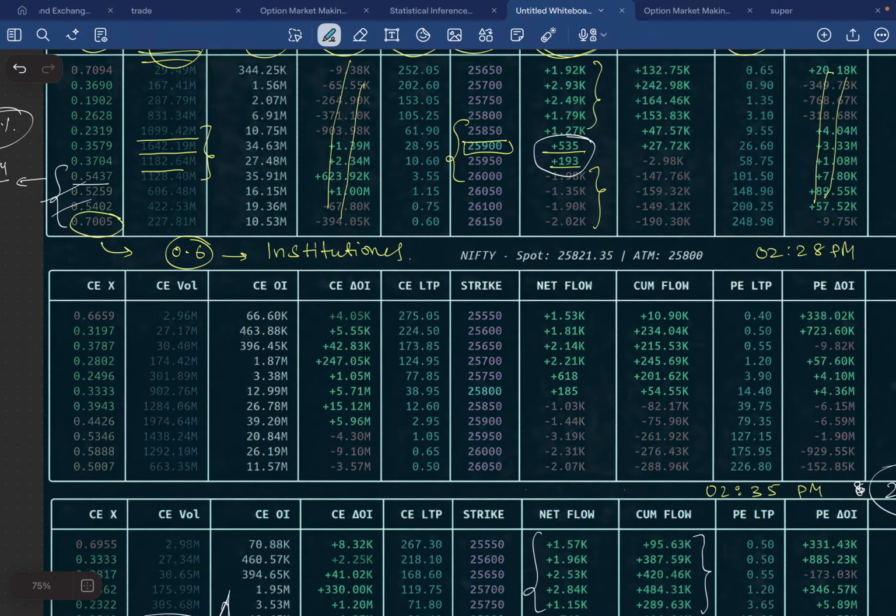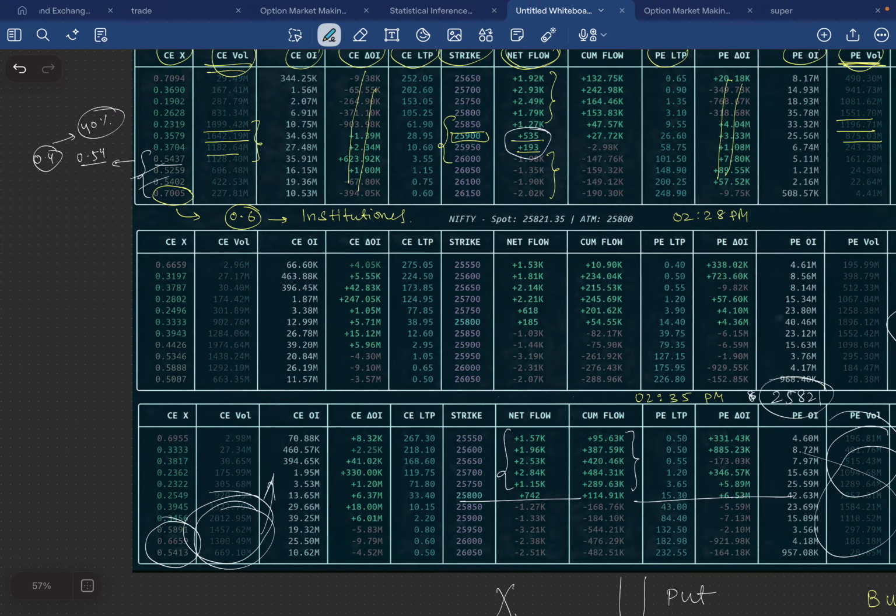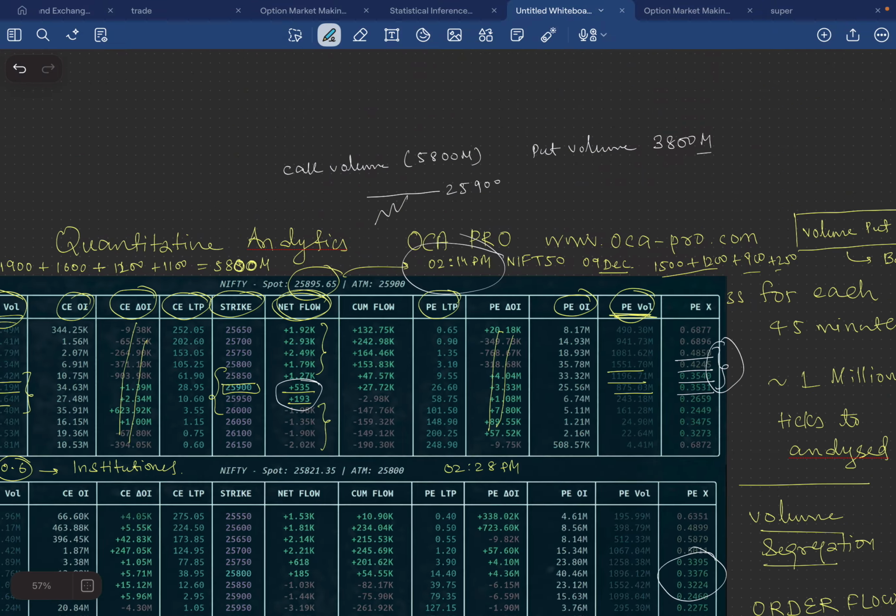So this was what I had to offer, that you can see that there was the indication, and the indication will tell you the skew from the call side and the put side. And this X factor, let me make it clear for you. This X factor, either for call or put. So what is this?